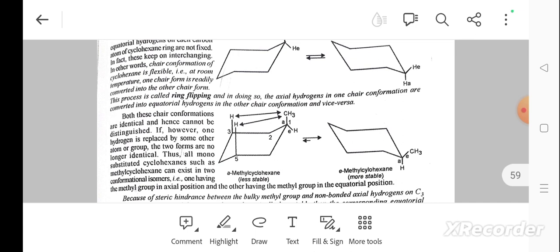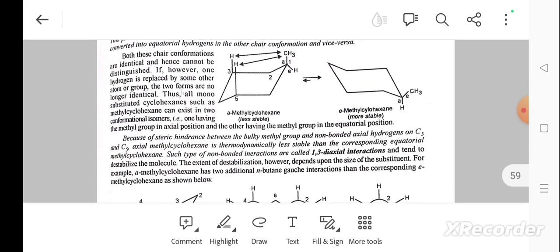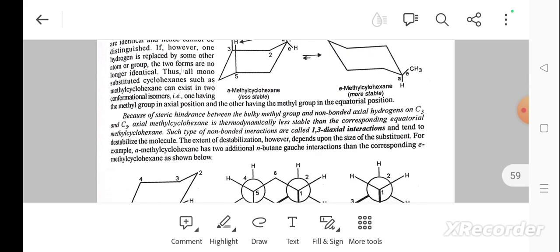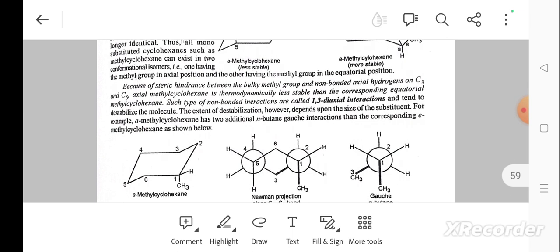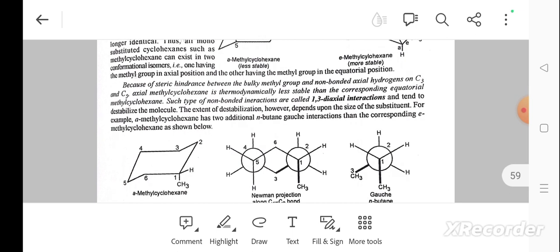Hence all monosubstituted cyclohexanes, such as methylcyclohexane, can exist as two conformational isomers, one having the methyl group in the axial position and the other having the methyl group in the equatorial position.